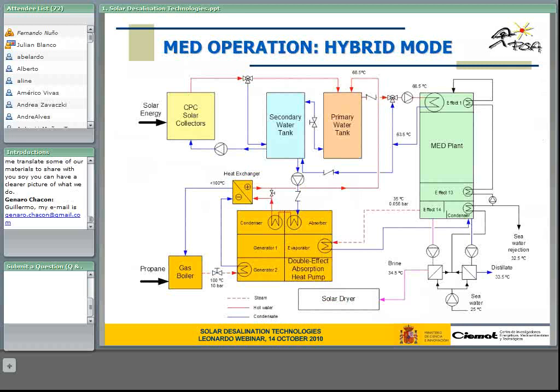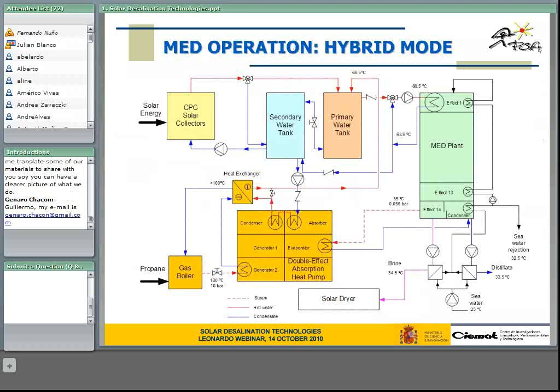So the idea here is to have a system in which during the day we can operate with solar energy. In the afternoon, when the sun is going down, the temperature in the tanks is going down. So then we could start the gas boiler to drive the multi-effect distillation plant, providing part of the energy to the MED plant.